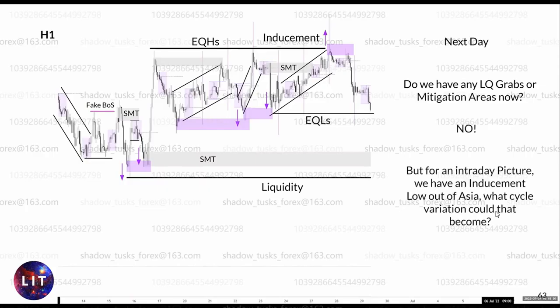But for an intraday picture, I mean now this day in here, we have an inducement in what direction? Low. Okay, so if we have an inducement low out of Asia, what cycle variation could this become? Trading away from the medium inducement. We have no liquidity taken to a low side.